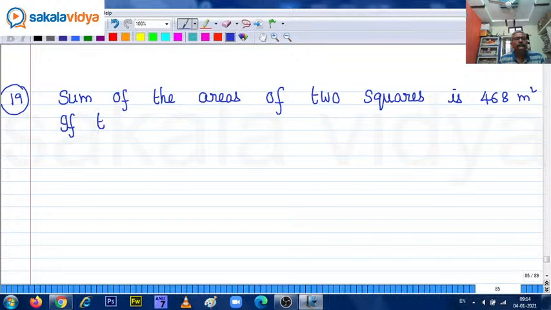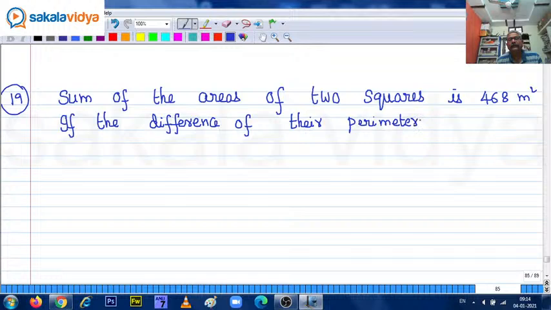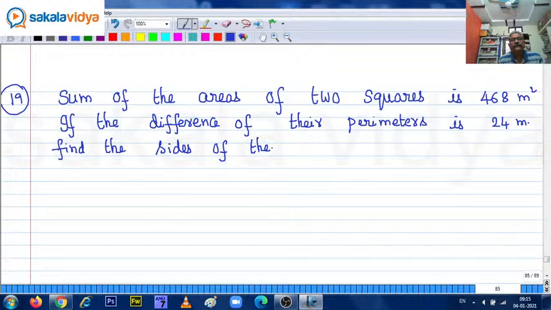If the difference of their perimeters is 24 meters. Find the sides of the two squares.